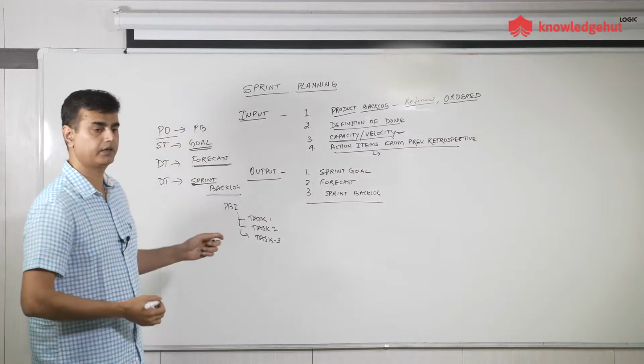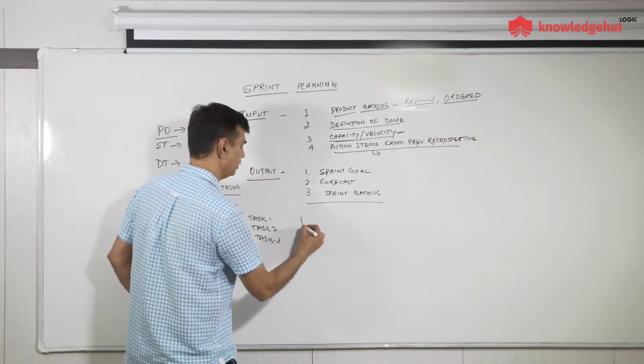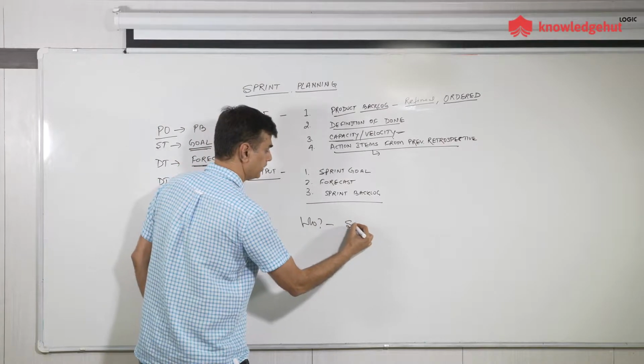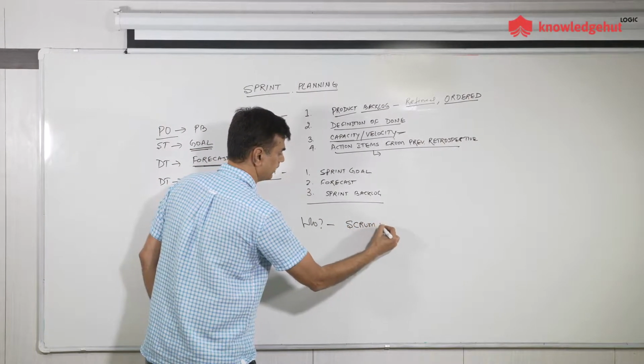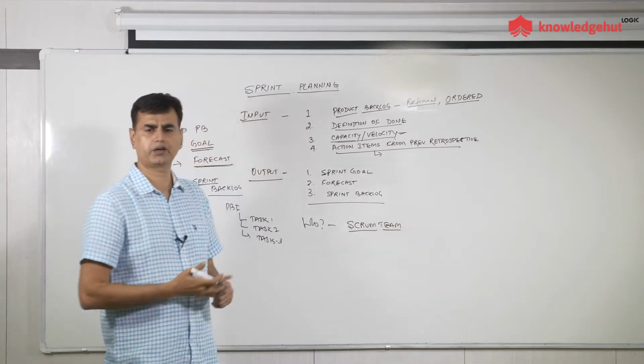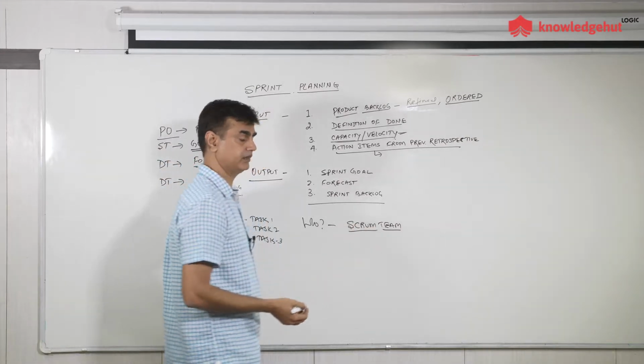One key thing I have not discussed is who attends the sprint planning. It's going to be the Scrum team. When I say Scrum team, I'm talking about the product owner, the Scrum Master and the development team. Can we have anybody else?